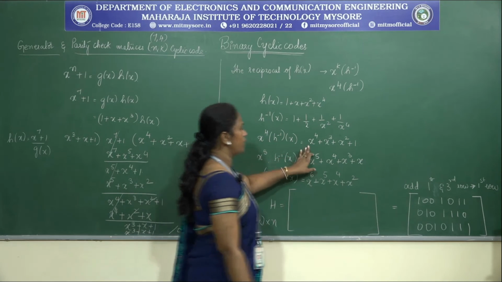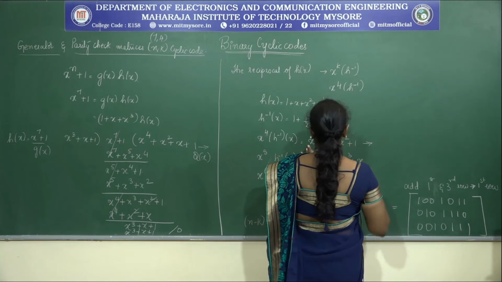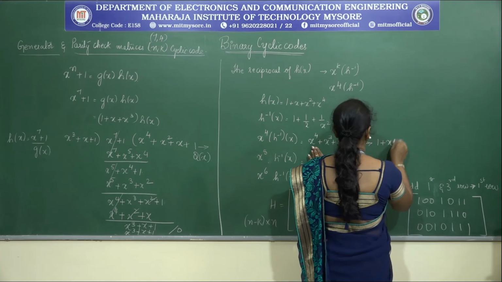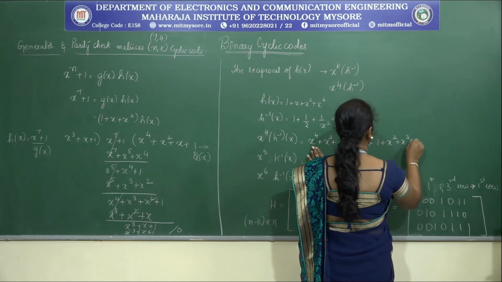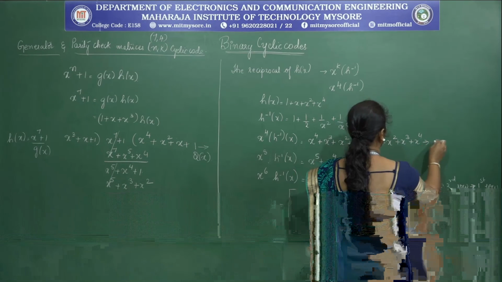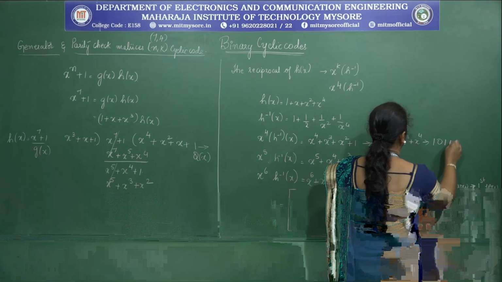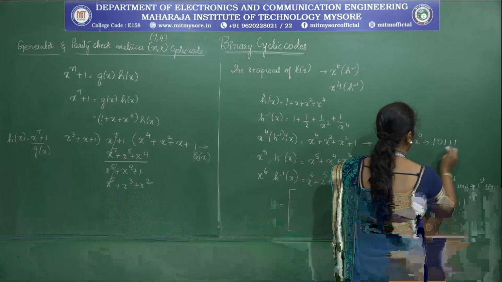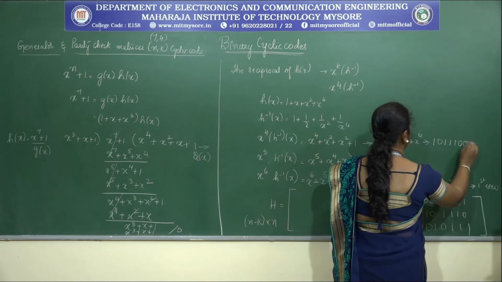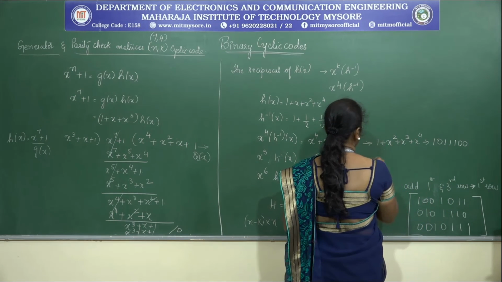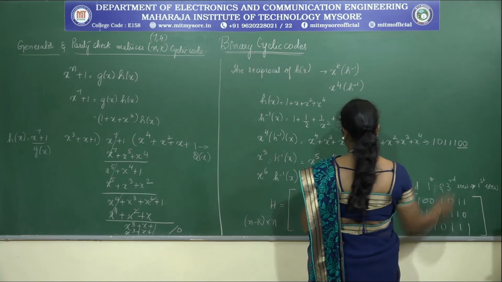So now considering this, what can I write? It is 1 plus x square plus x to the power of 3 plus x4, which is 1, 0, 1, 1. So x4 is 1. So we have 5 bits. The bits which are not present are represented by zeros.